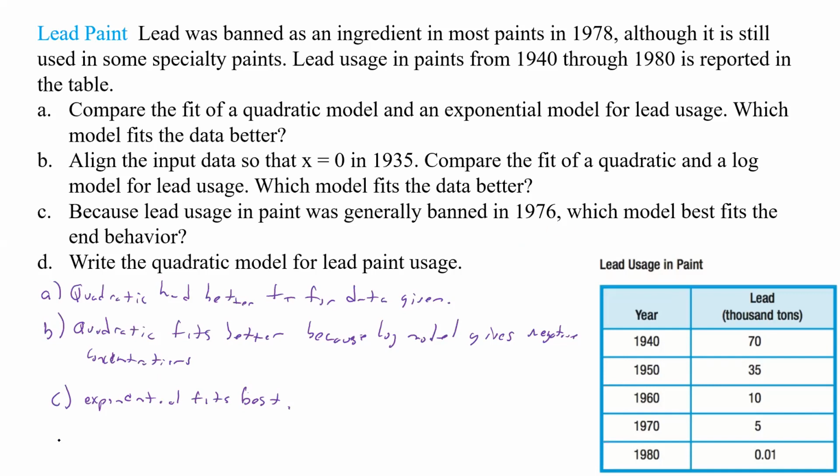Now, what was the quadratic model? Because this is a quadratic section, they want us to actually do the model. Lead in thousands of tons per year. I don't know how we want to write this.